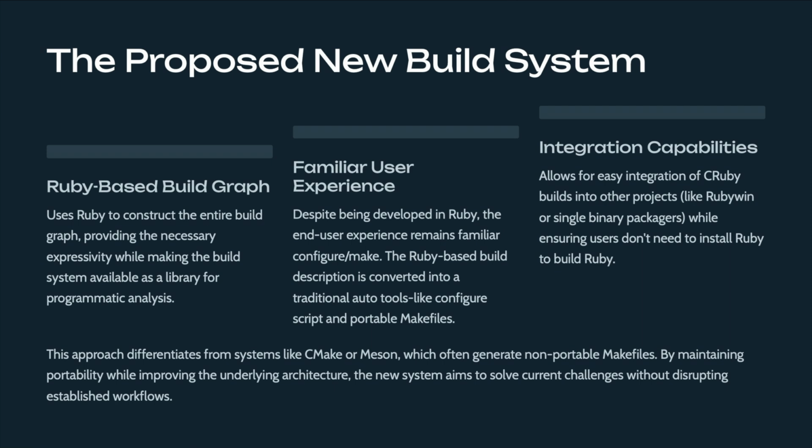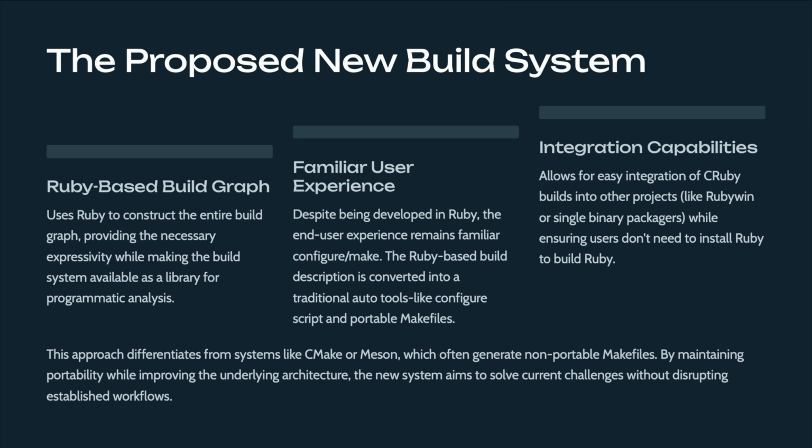Okay, that makes sense now. And the second point, making the build system itself a library. What's the benefit there? Making the build system available as a Ruby library is actually a really powerful idea. It allows for programmatic interaction with the build graph definition. Meaning you could potentially write Ruby scripts to analyze the build dependencies automatically, check configurations, or even manipulate the build process programmatically if needed.